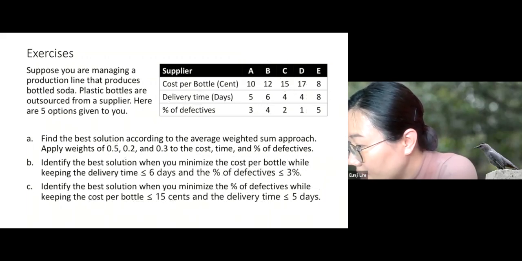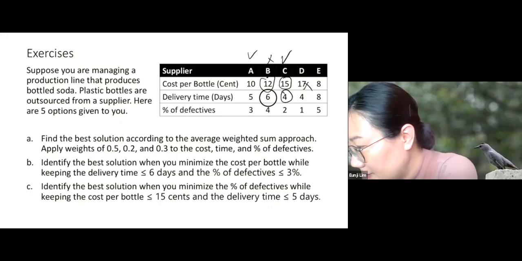Let's go to B. 15 cents or less? Yes. 5 days or less? No, not qualified. C, 15 cents or less? 5 days or less? Yes, qualified. D, 15 cents or less? No, not qualified. E, 15 cents or less? Yes. 5 days or less?